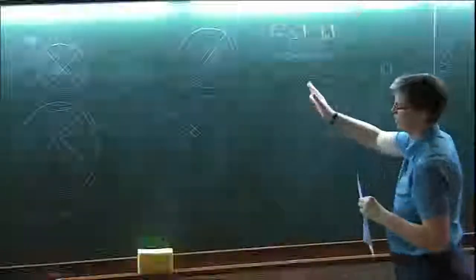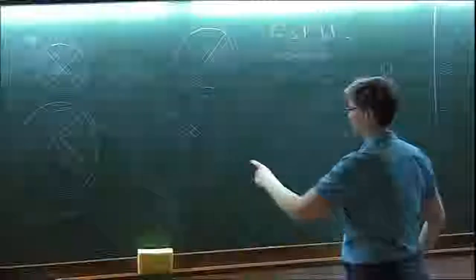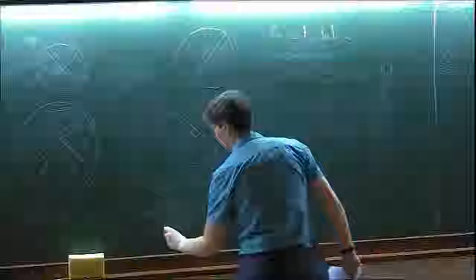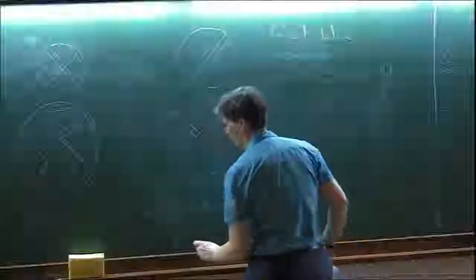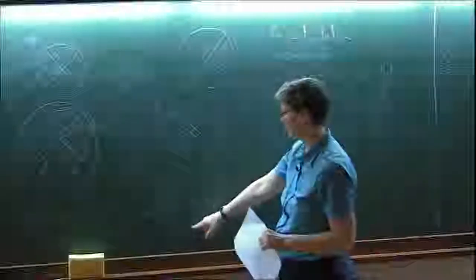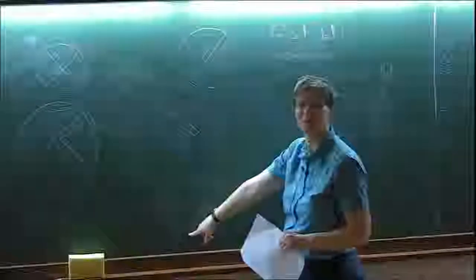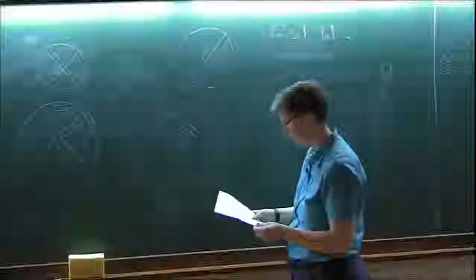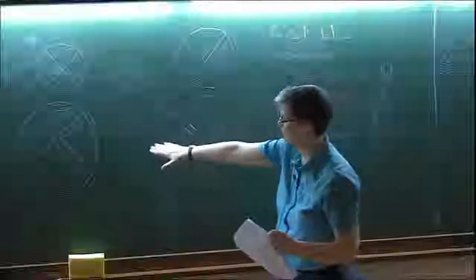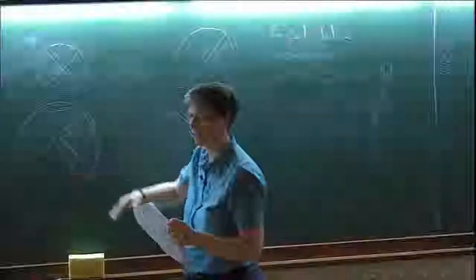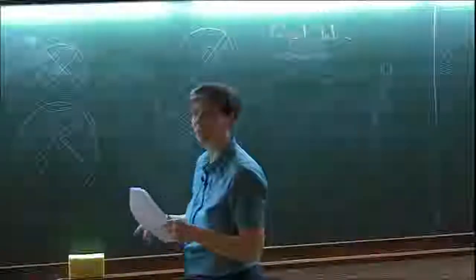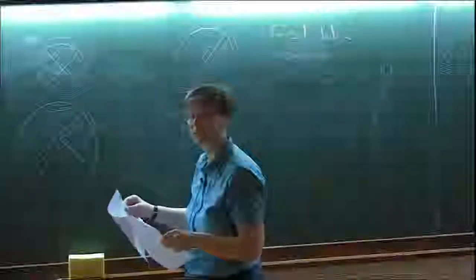Because you can show, if you write down the Feynman rules in this expansion, that these diagrams have a prefactor 1 over N squared compared to this diagram. So if you send N to infinity, then this doesn't contribute. So when I say the planar limit, it means we only have to consider these diagrams, and that's precisely the limit when we can neglect all the quantum corrections on the gravity side of the duality.